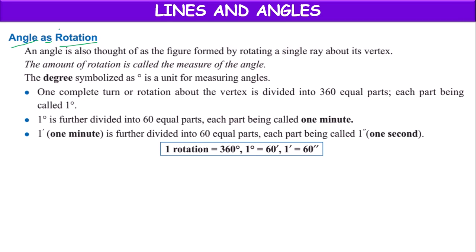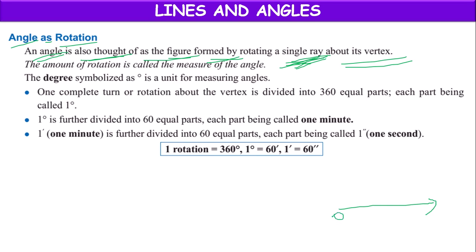Instead of two rays, we can take a single ray. An angle is also thought of as the figure formed by rotating a single ray about its vertex.